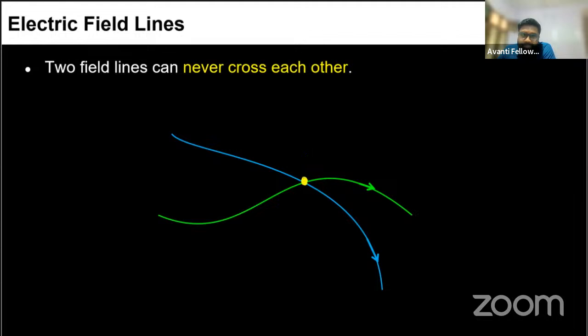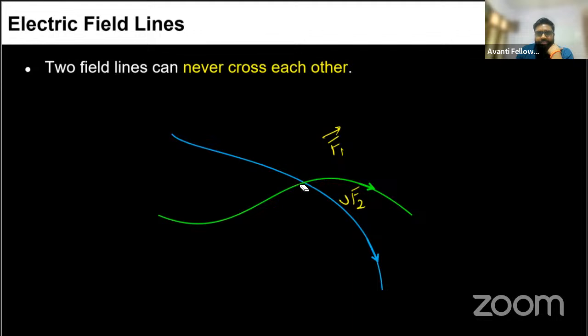So at the point of junction, if they are crossing each other, there are two possible directions, either this direction or this direction. At the same time, how can any particular charge feel force in two directions? Because these forces are vectors, and for vectors there will be a resultant, so the force will have one particular direction. So that is why they never cross each other.